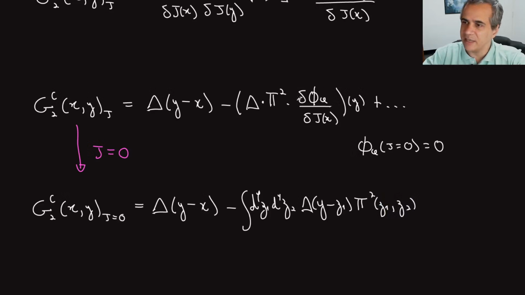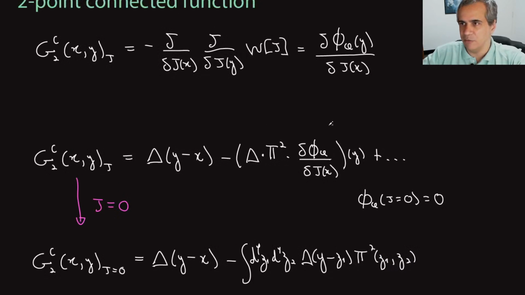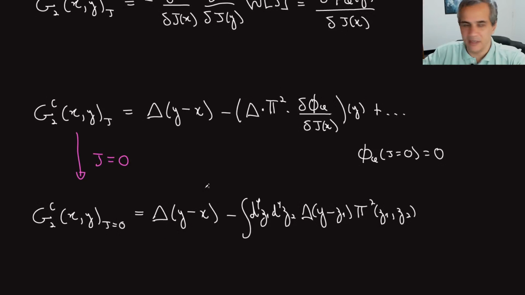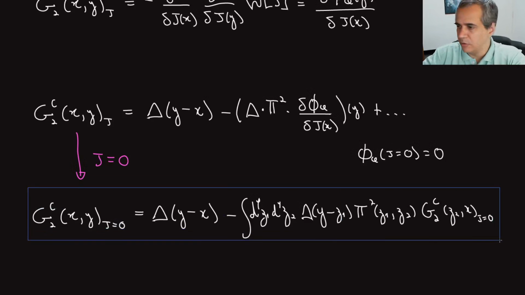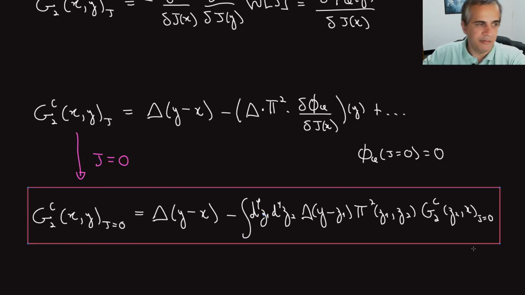And this derivative of phi classical in relation to J, if you go up here, is the full propagator. So I found also a recursion relation for the propagator. This is G2c of z2 x, in the absence of sources. And now if this is true, all the other terms here are 0. So I found this recursion relation for this connected function.